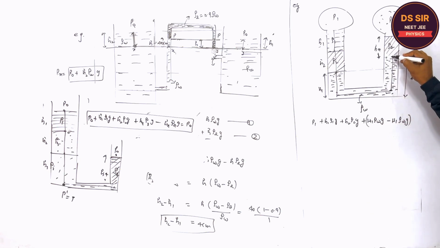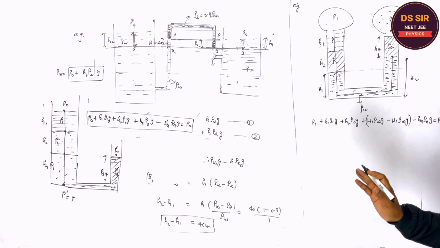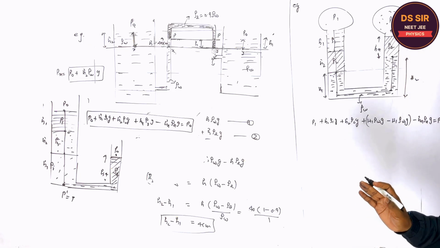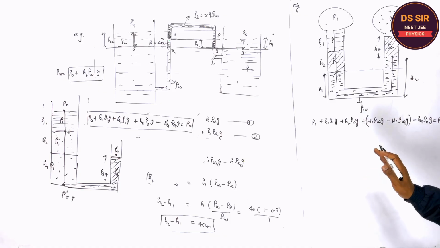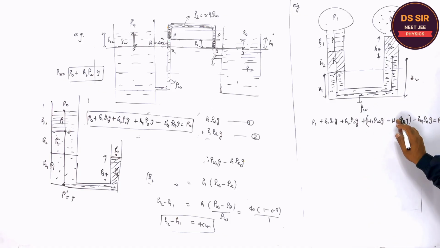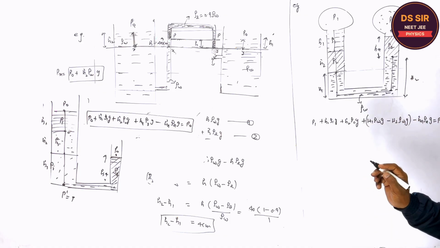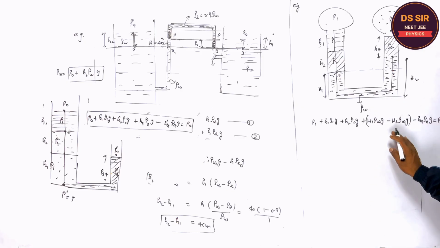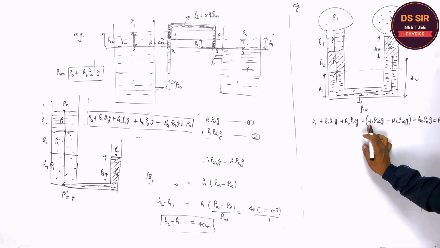Then tell me, minus H4 rho 4 G is equal to P2. So do you understand this way? All right. Yes, this is H2, right? Getting or not? So this is the thing. Also listen to one more thing.